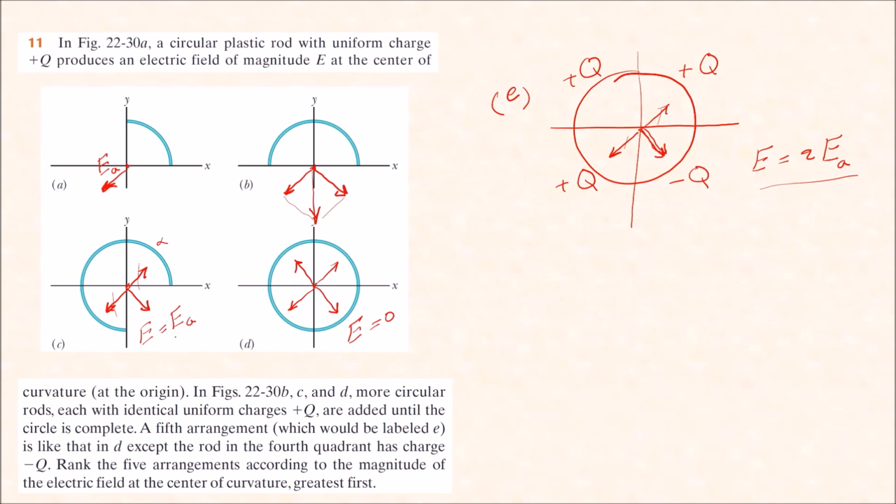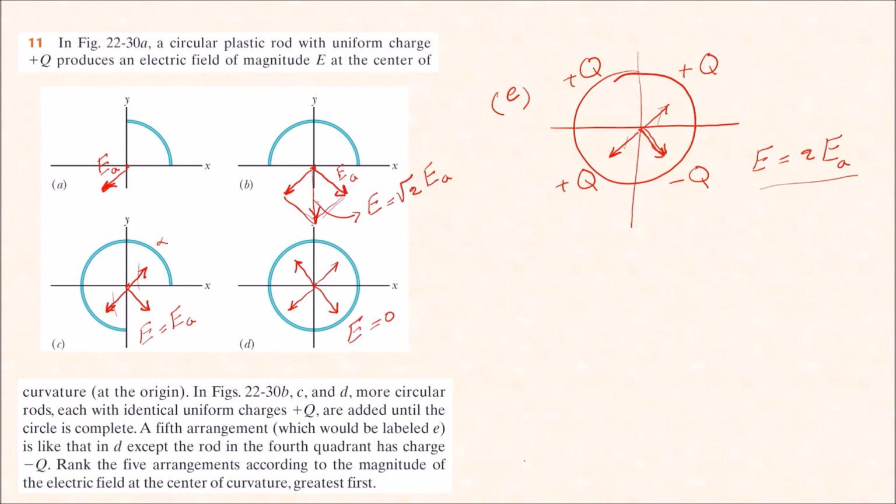But what happens in part B? You have two vectors, each one the same as EA, but they are perpendicular to each other. So they create a net that is the diameter of the square. Is the diameter bigger than the side? Yes, it's square root of 2 times one side, right?